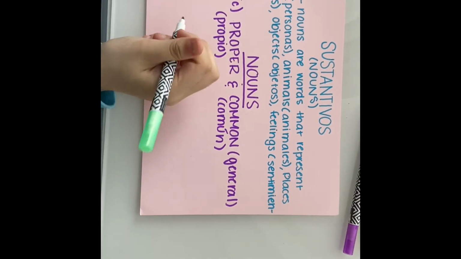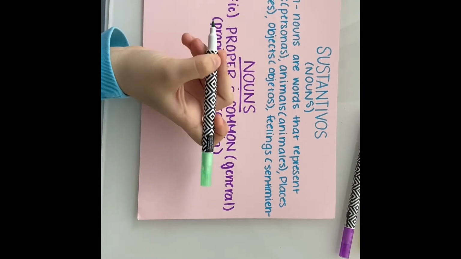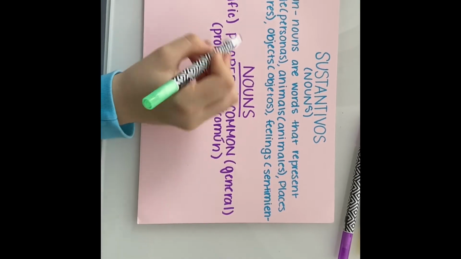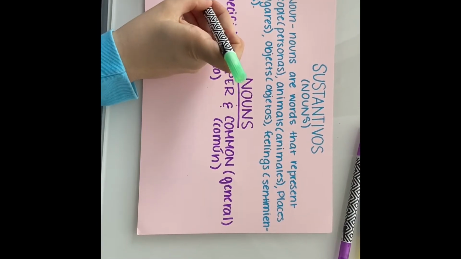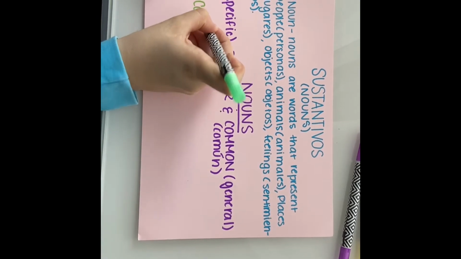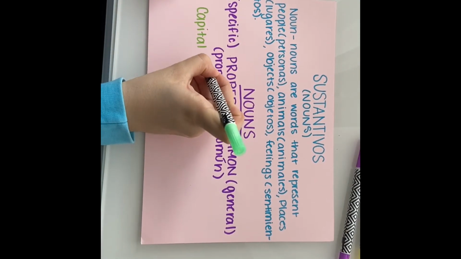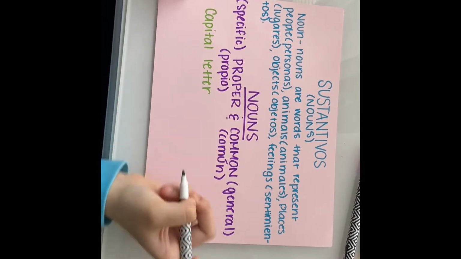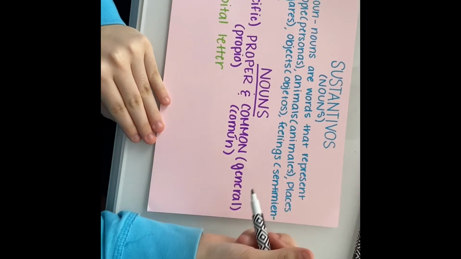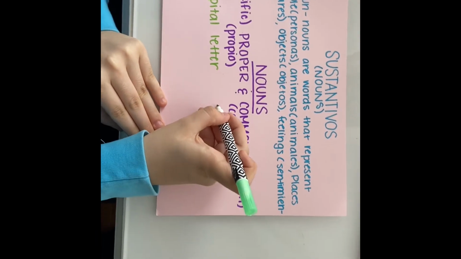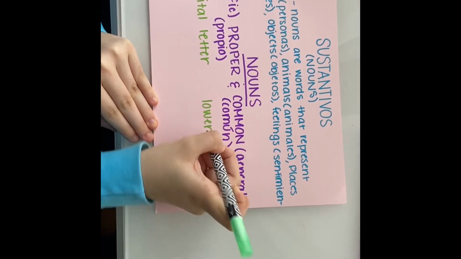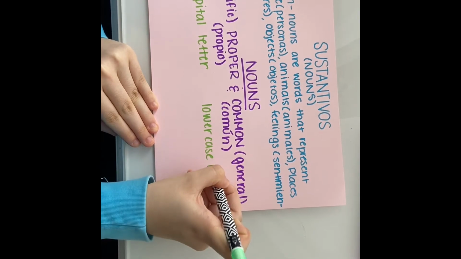Okay, so the examples for propio. A rule that you're supposed to know is that all proper nouns, todos los sustantivos propios, start with a capital letter. And all common nouns or sustantivos comunes start with a lower case letter.